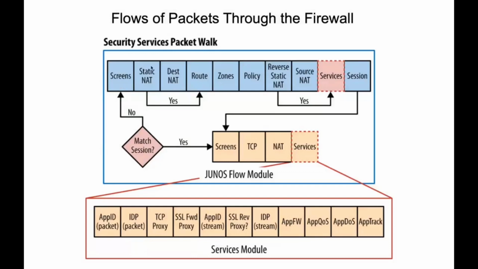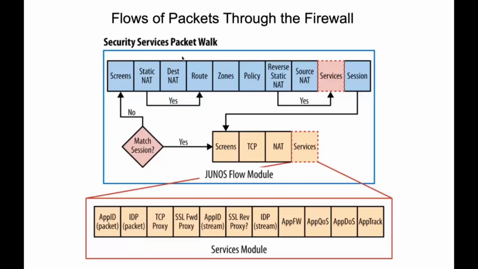After determining that this is not classified as an attack on the screen section, we're going to change the destination IP address using either the static NAT rules or destination NAT rules. If we have any NAT rule that should translate the destination IP of the packet, we need to do that before doing the routing decision because we're going to use the destination IP address to do our routing decision.